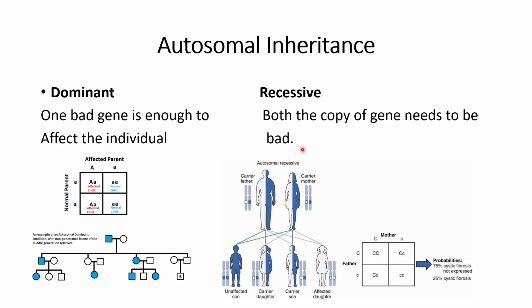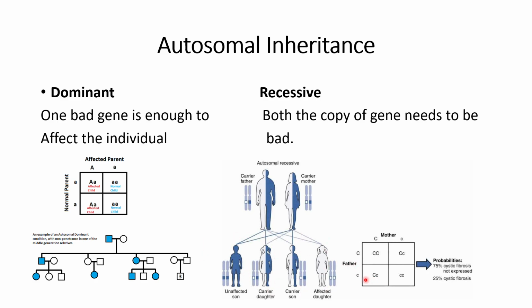In autosomal recessive inheritance, if both the mother and father are carriers of the same autosomal recessive disease, there are 25% chances that their offspring will get affected, as shown here. Only the daughter is affected.